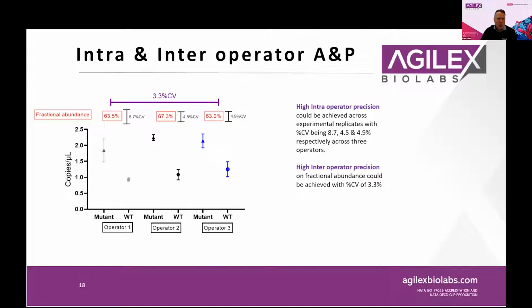What you can first observe is that for intra-operator precision, we could easily get CVs of less than 10%: 8.7 for operator 1, 4.5 for operator 2, and 4.9 for operator 3. And with inter-operator precision between the 3 operators, we could get really good consensus, about a 3.3% CV. So incredibly reliable, incredibly consistent, and very accurate in terms of being able to measure the ctDNA in this particular assay.